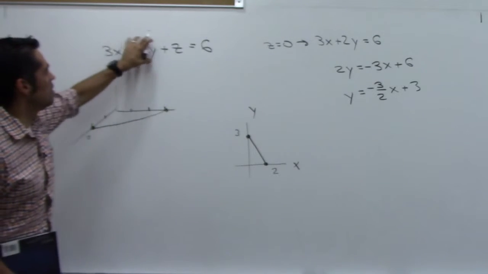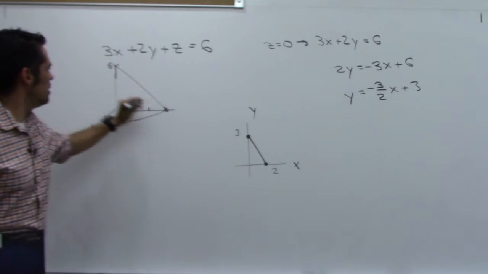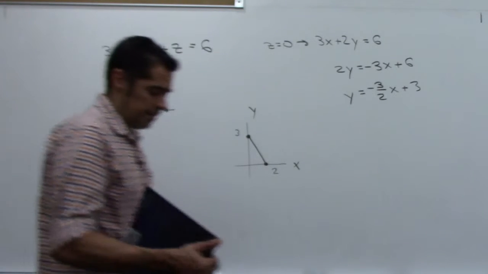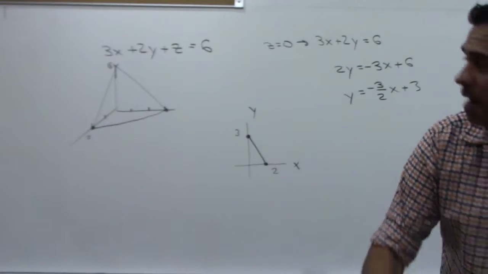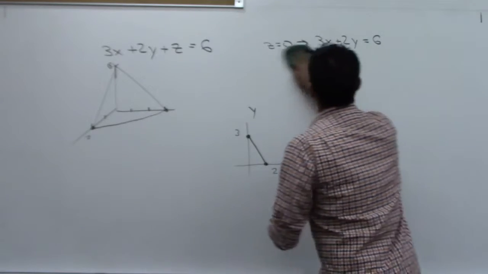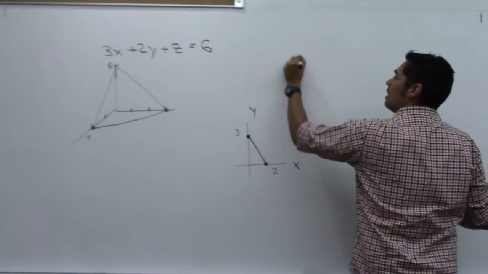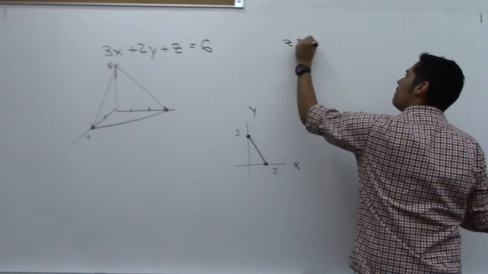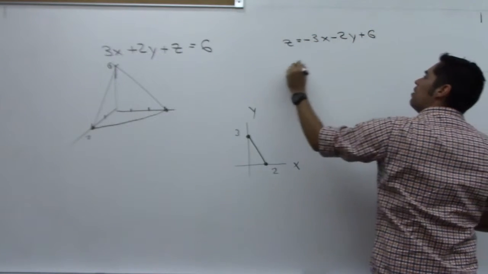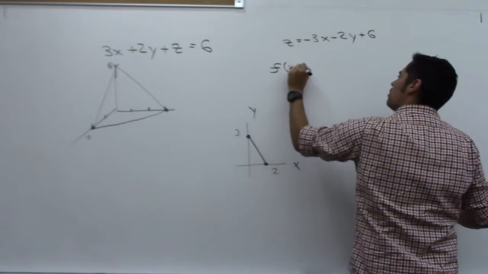You can get that by letting x and y be 0, z is 6. So we've got this tetrahedron-looking thing, and so we want the surface area of that. Well, we need to come up with some way of finding a parametric way of writing this, but we can use the fact that we can solve that for z up there. And now we know that z is some function of x and y.